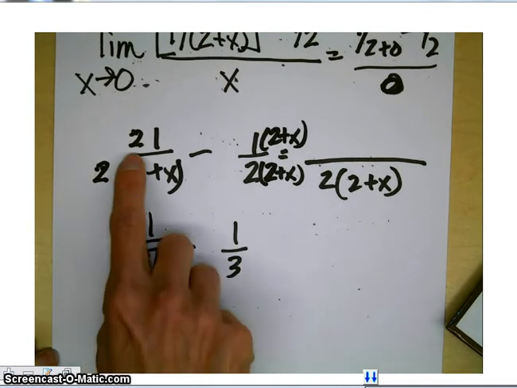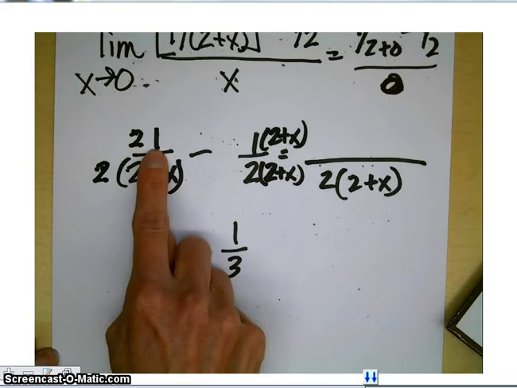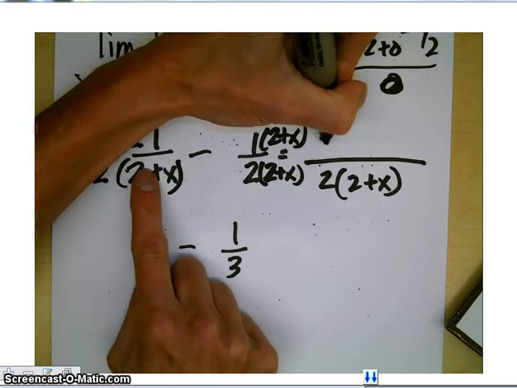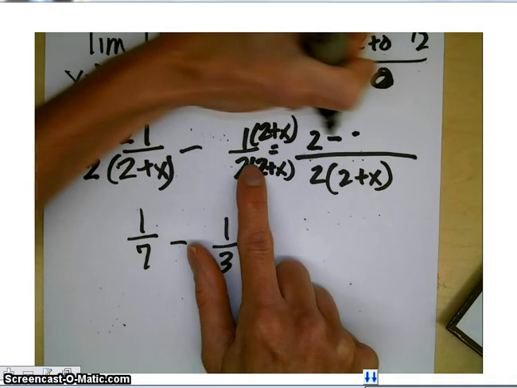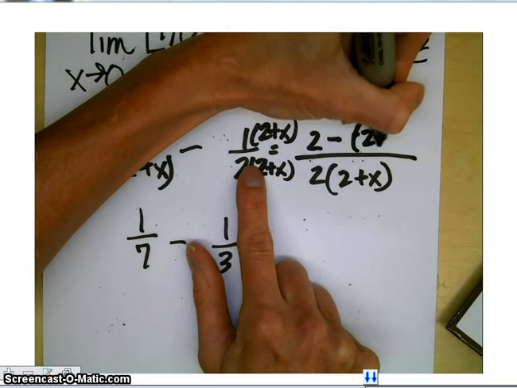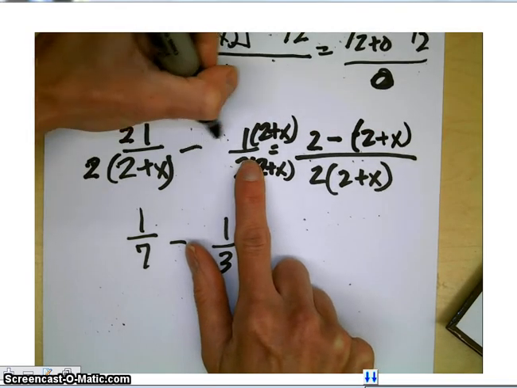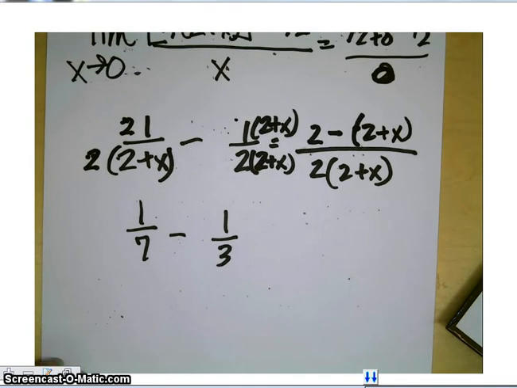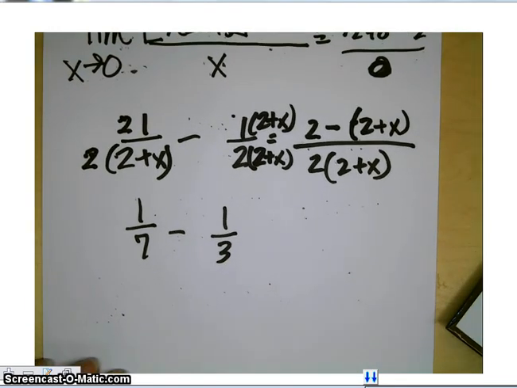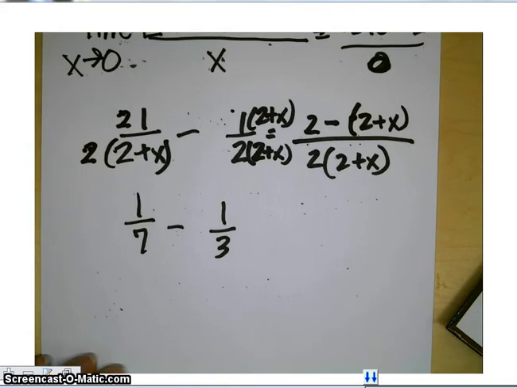So now, 2 times 1 gives me what on the top? 2 minus 2 plus x. Oh, minus the quantity 2 plus x. I'm actually multiplying a -1 times each of those. That is the biggest mistake that students make, forgetting parentheses or distributing negatives.